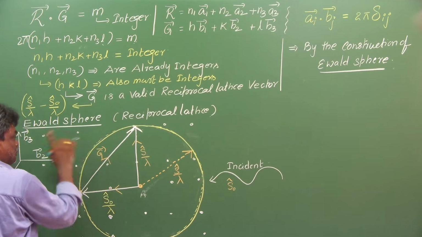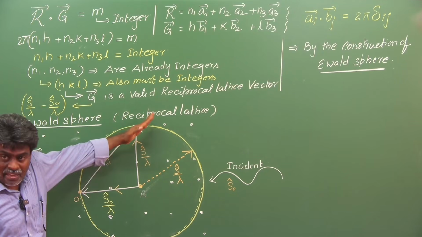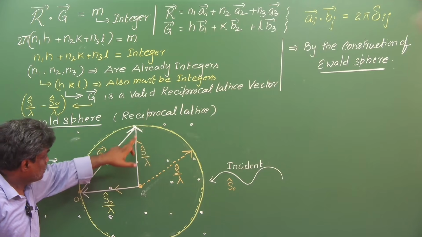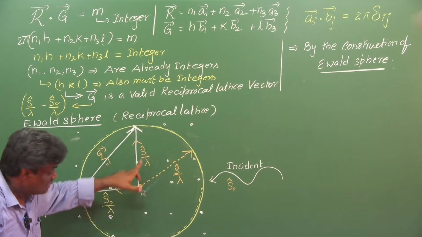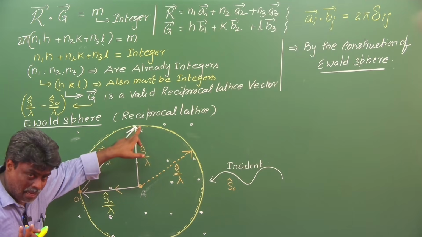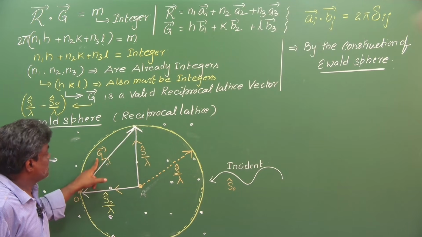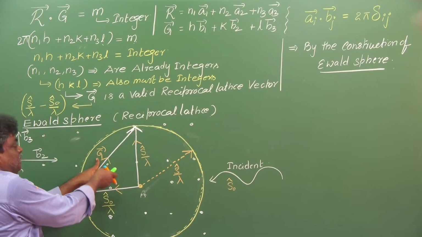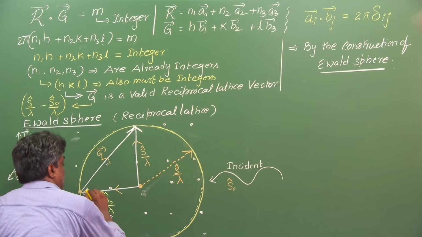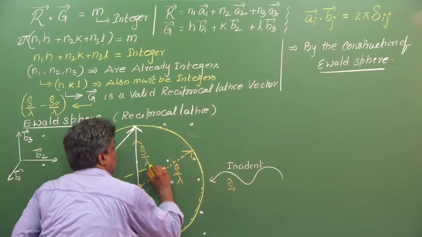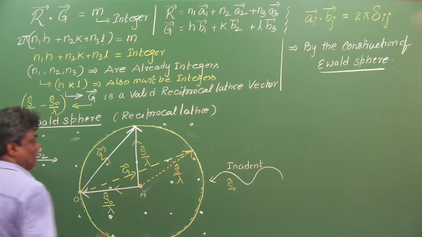Now, please go back. I got this as the G vector. I am checking whether in this direction I am getting a diffraction or not. That's why I have taken S cap by lambda, then I join this line, that means this is a vector. From the definition, if you are checking in this direction, I will take 2 at a time. So this is my G bar. Am I right or wrong?